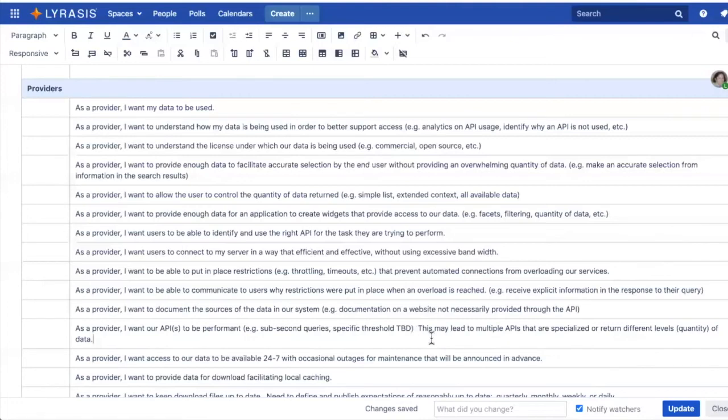But I like to use the term "this may lead," just because that may vary between the providers how they approach solving that kind of problem. Does that make sense? Yes, yes, for me. Any adjustment to the wording on that? No.